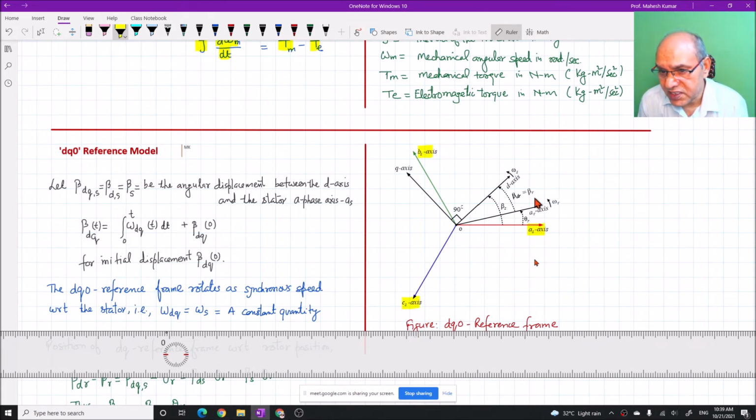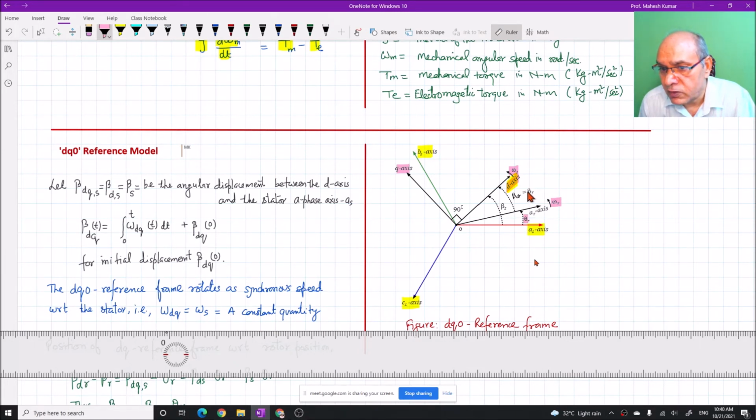This is the D axis here, and this is the Q axis. Omega S is the synchronous speed. Omega R is the mechanical speed of the rotor, and theta R is the angle between AR and AS.